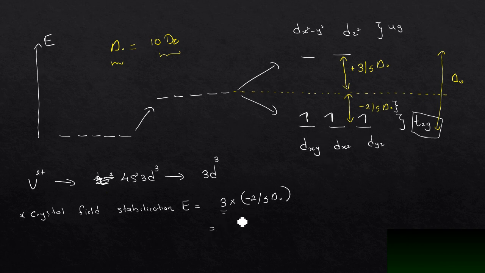So we get minus 6 over 5 delta O. This is the crystal field stabilization energy for the vanadium 2 plus complex. This delta O contains a value specific to each complex. When the vanadium changes its ligand, this delta O changes.